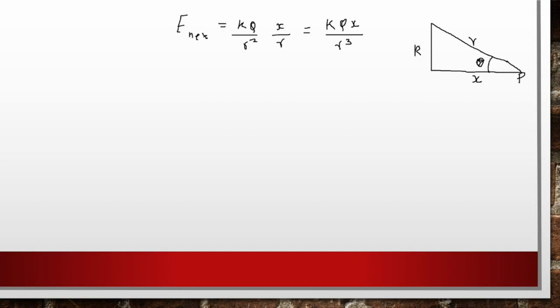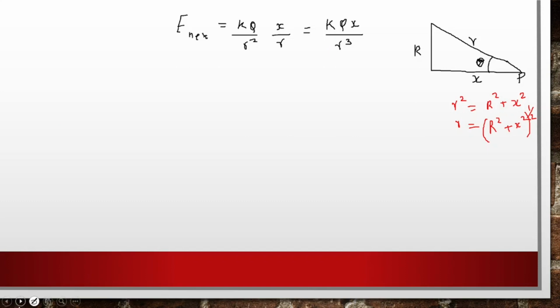From this triangle we can write r square is equal to capital R square plus x square. So r is equal to (R square plus x square) all raised to 1 by 2. So let's apply this equation in here.